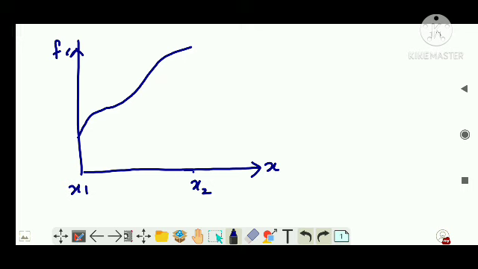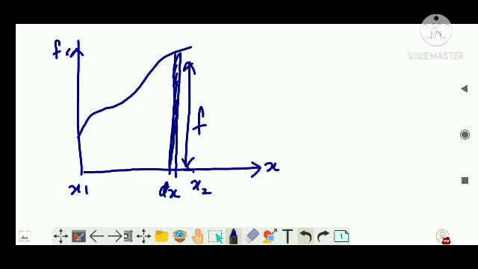Right. Now we consider a strip, right? To solve this type of question, what would you do? We'll consider a small strip like this. Let's say the thickness or the breadth of that strip is dx, and the length of that strip is, let's say, f, right? So how would you find the area of the strip? The area of the strip will be equal to length into breadth, that is f into dx, right? Clear?